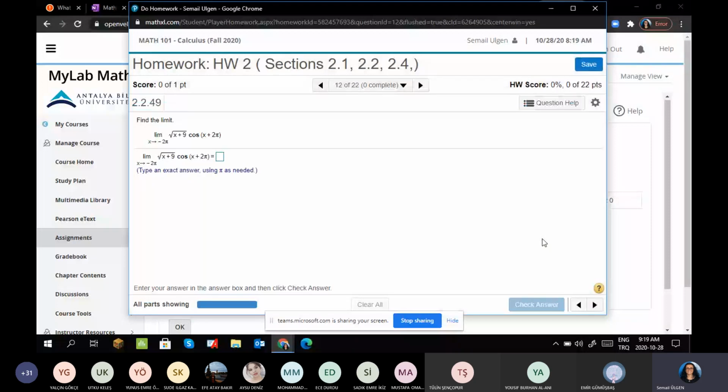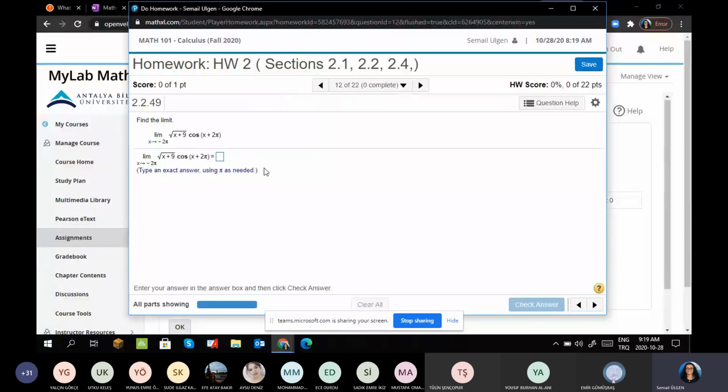Okay, this is chapter 2, section 2, and they are asking about the limit as x approaches negative 2 pi of the square root of x plus 9 times cosine of x plus 2 pi. It says type an exact answer using pi as needed.